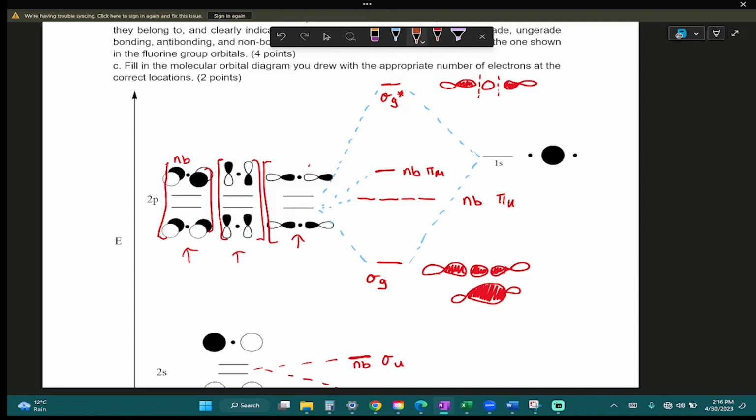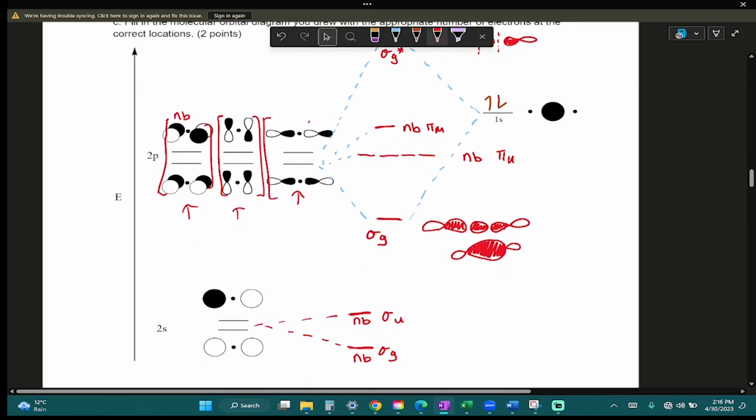And the last thing we have to do is just fill in our electrons. So this is FHF minus. So I'm just going to throw the extra electron onto R1s. And then I'm going to fill in these like they're two separate fluorines. Then in the middle, we should have 16 electrons.